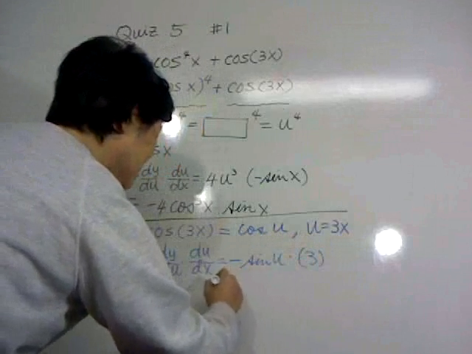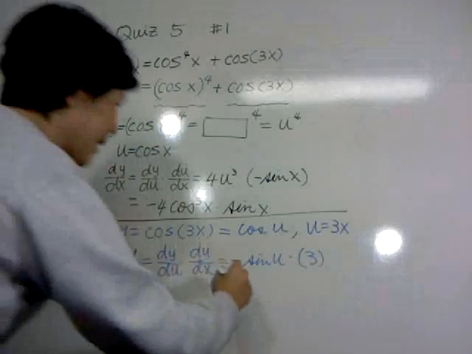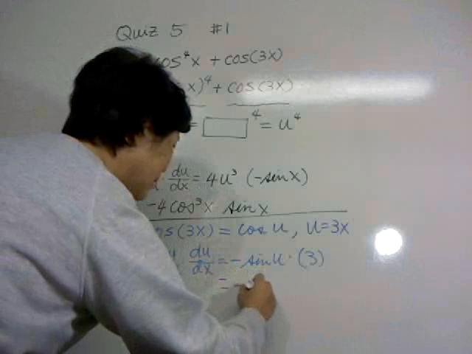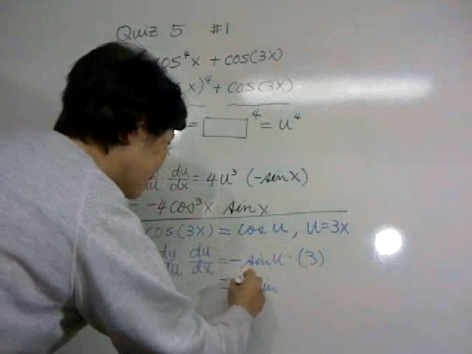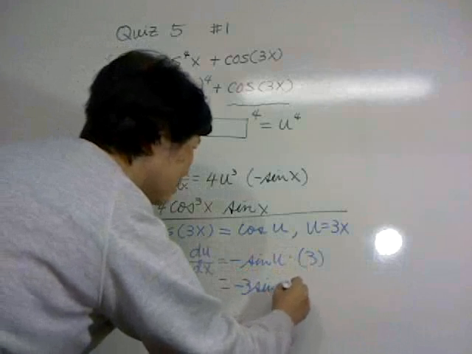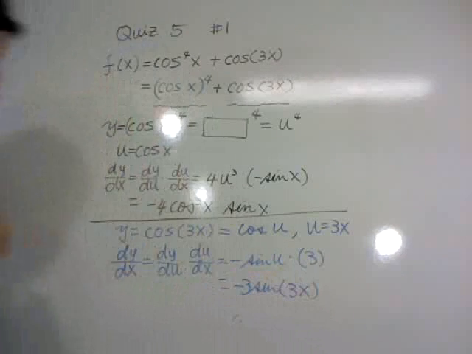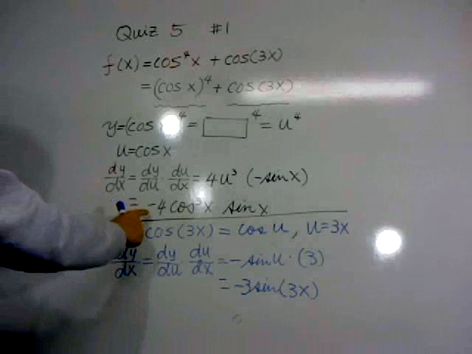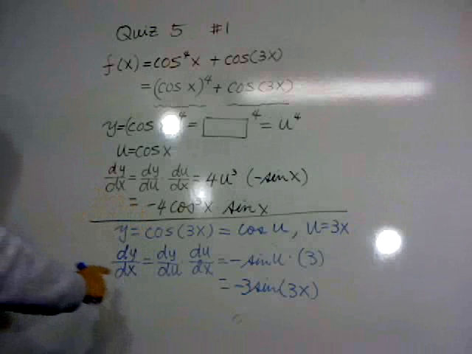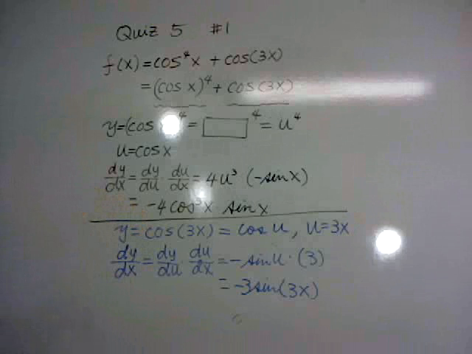So that makes negative 3 sine 3x. So the first term derivative is this, and the second term derivative is that.